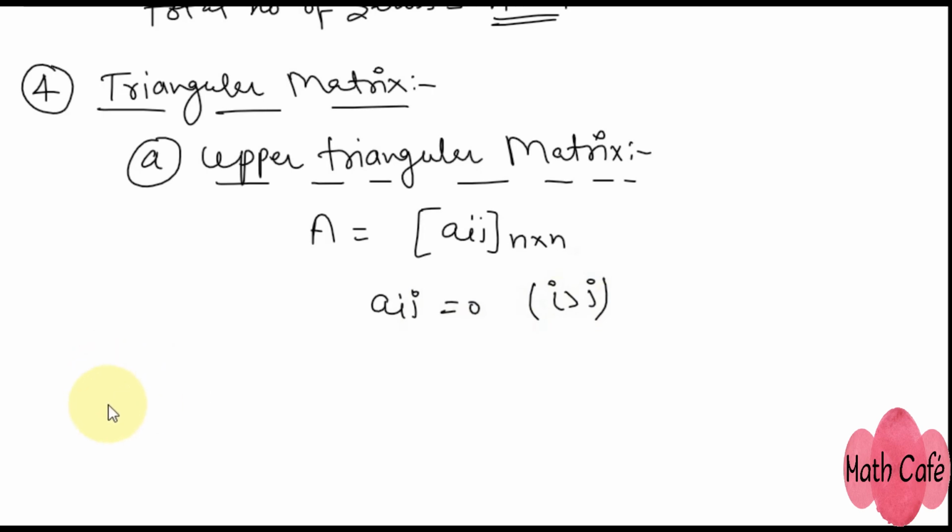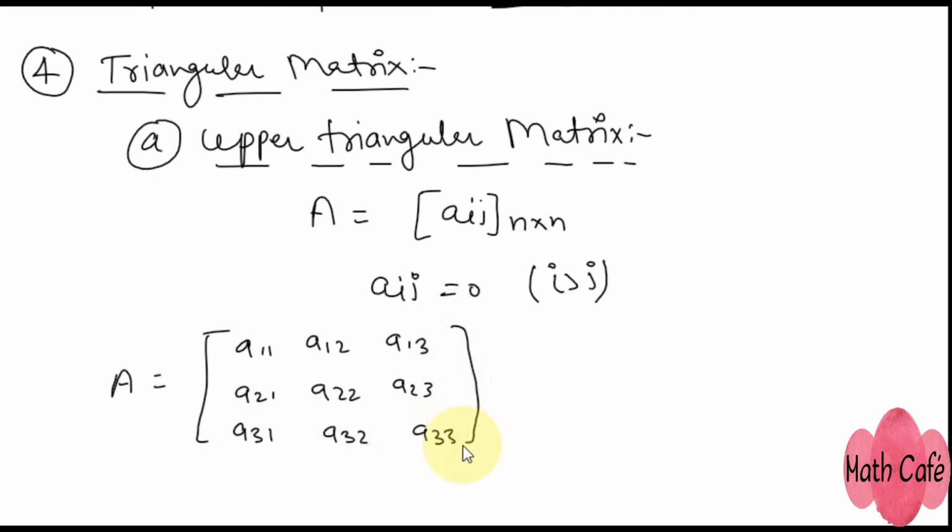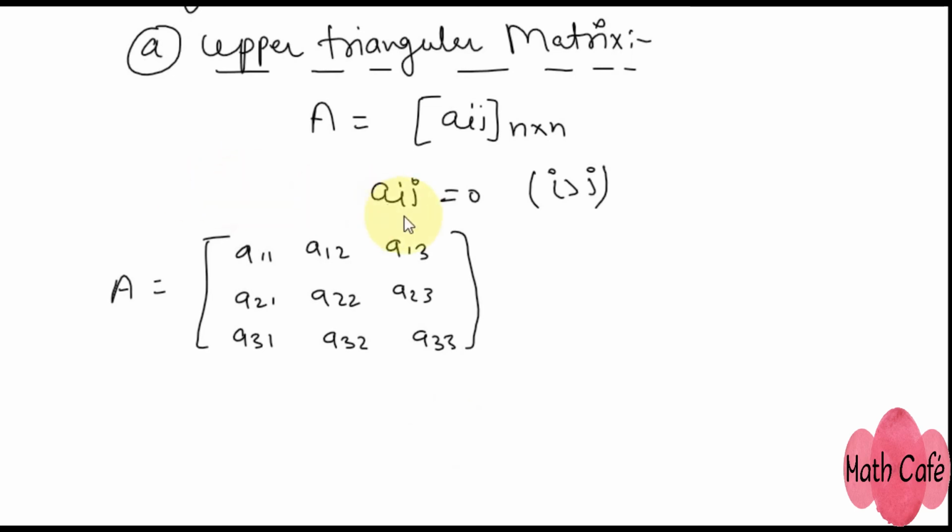So let's take an example here. If any matrix A is A11, A12, A13, A21, A22, A23, A31, A32, A33. Please pay attention that all the elements Aij would be 0 if i is greater than j. In A11, i is equal to j; in A12, i is less than j; in A13, i is less than j.